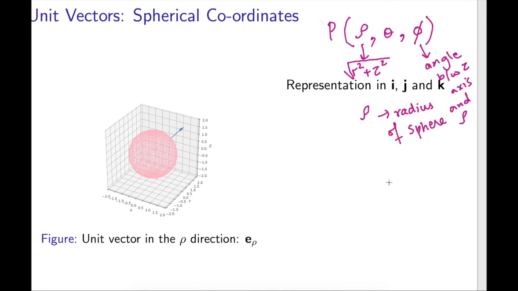Okay. Now we are interested in E of rho. So we know that E of rho has an x component that is just x over rho. Its y component is y over rho, and its z component is z over rho.